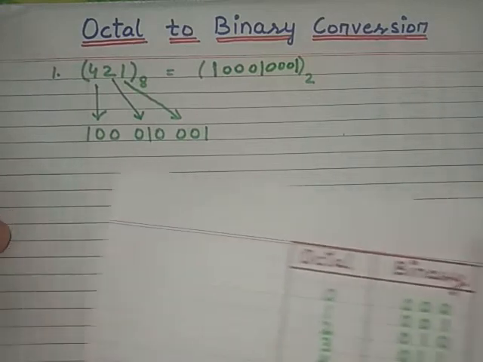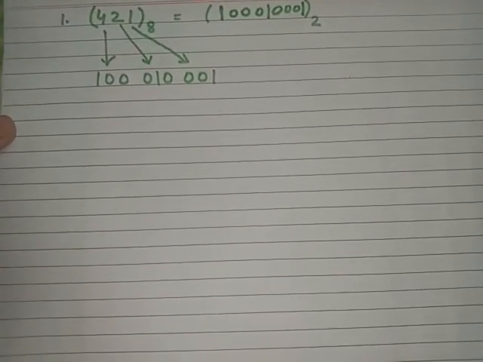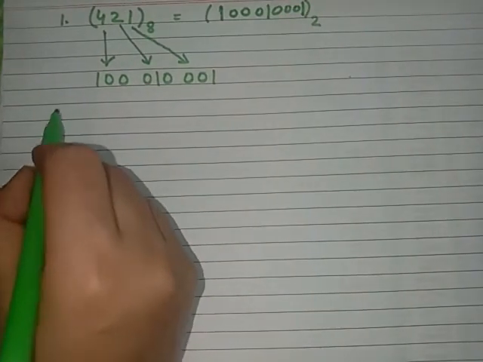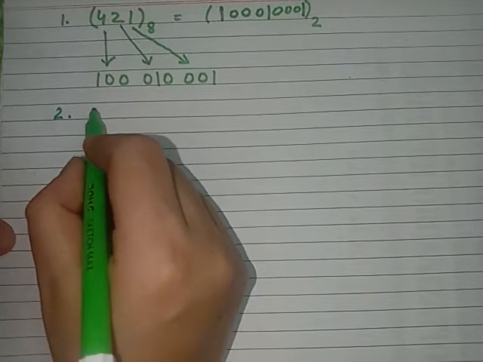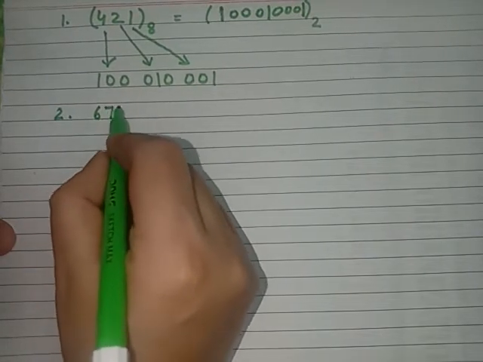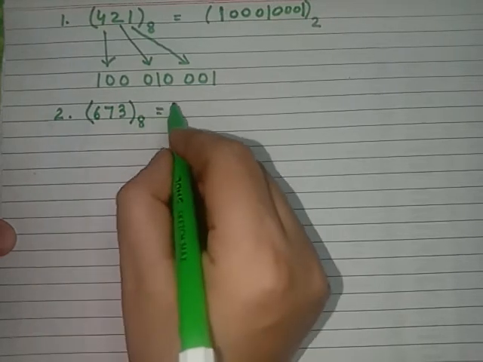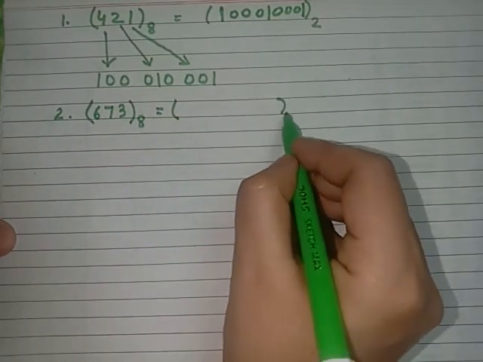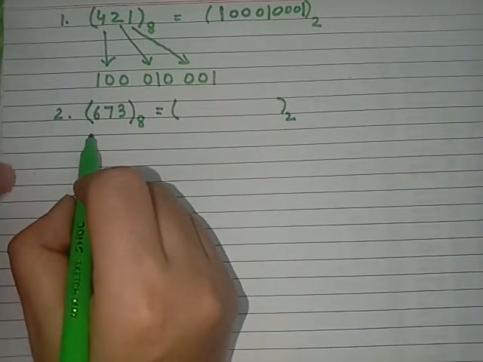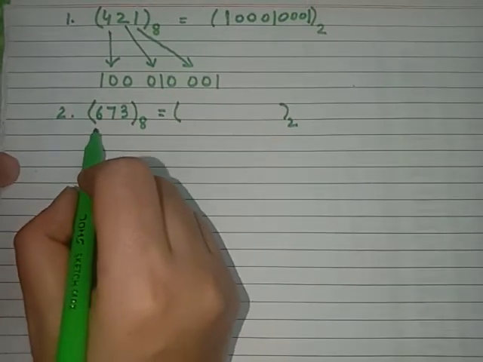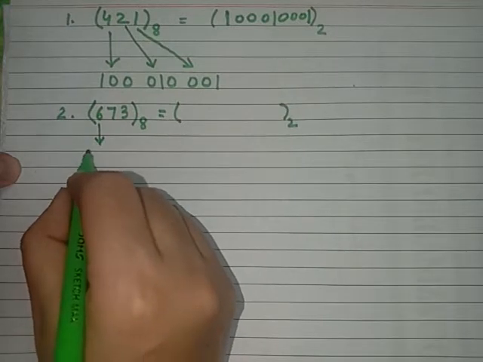I will be solving one more example for you, so that you can understand the concept very clearly. The next example I am going to take is 673. This is an octal number, and we have to convert it into the binary number system. Again I will be considering each and every digit one by one. The code of the 6 is 110.